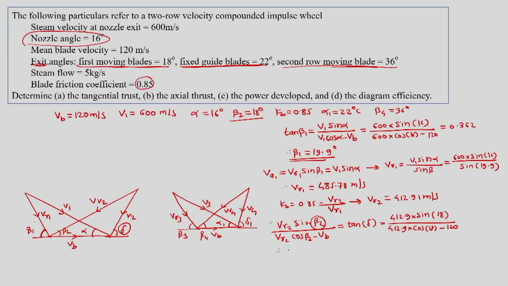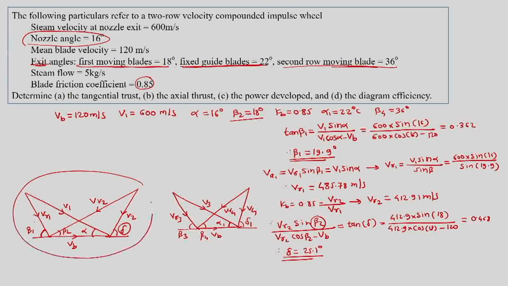So we get from here tan delta is equal to 0.468. So delta is equal to 25.1 degree. So we got the absolute velocity angle at the outlet. Now we are done with the inlet and outlet velocity triangle for stage 1. Now we will work for stage 2.